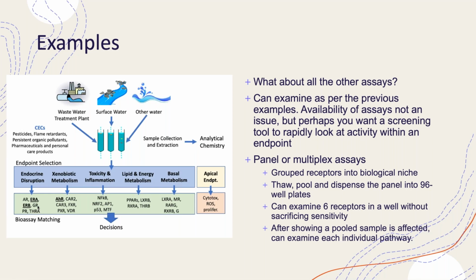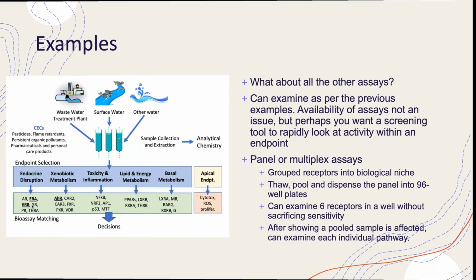Then, if we are getting an activation, we can go to the next step and say, well, which receptor is this activity coming from? And in this way, we can do a smaller set of initial studies to get the landscape of all the different types of activities, and then we can come back and look at the individual receptors, as opposed to looking at each individual receptor from the beginning.